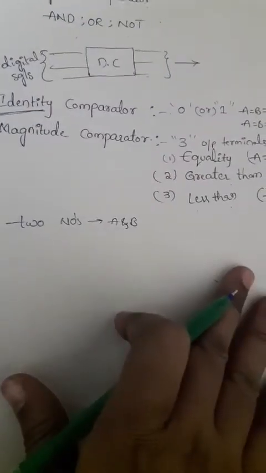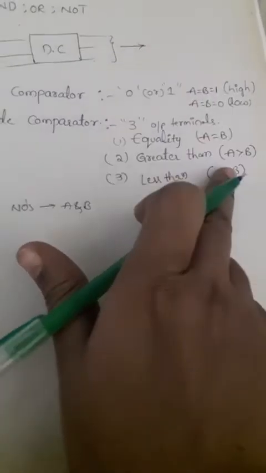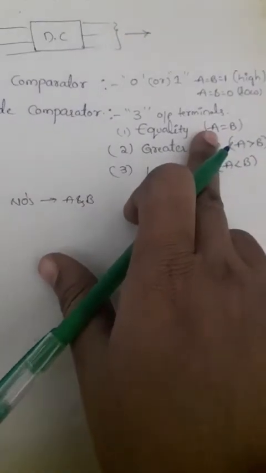That relation may be A greater than B, A less than B, or A equal to B. That is called the magnitude comparator.